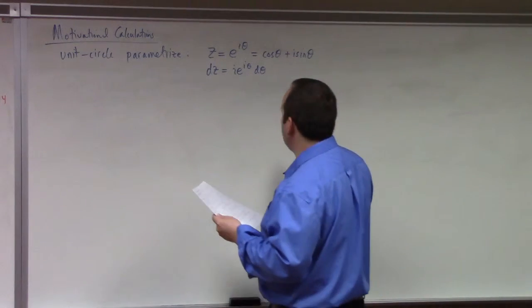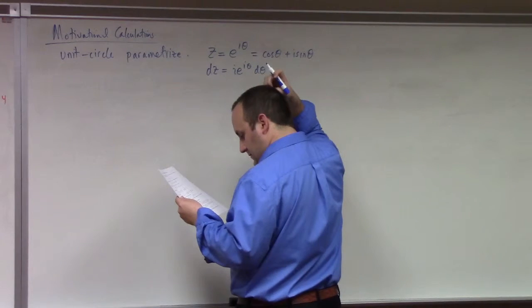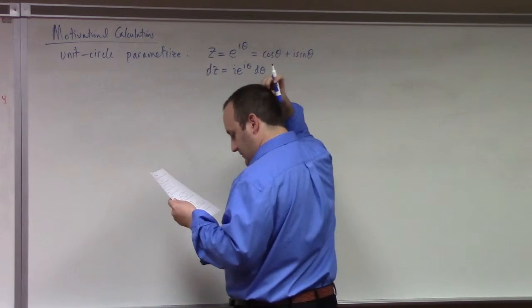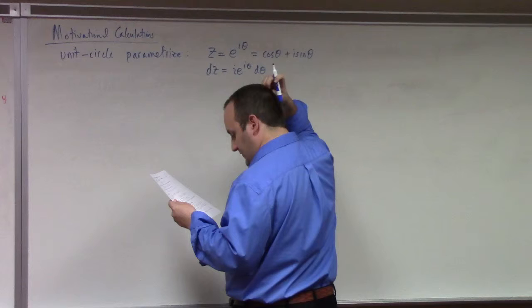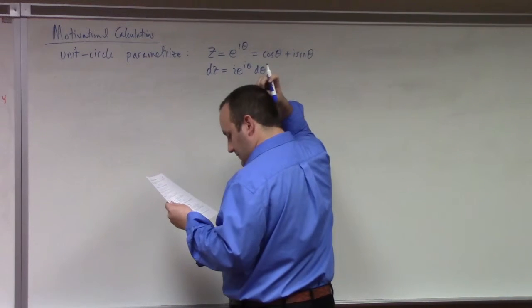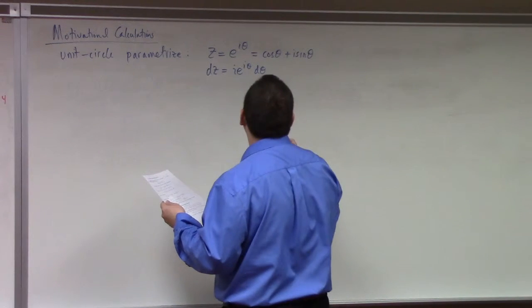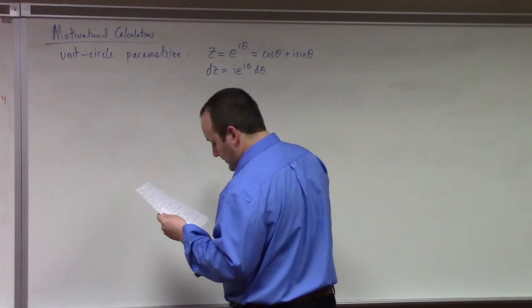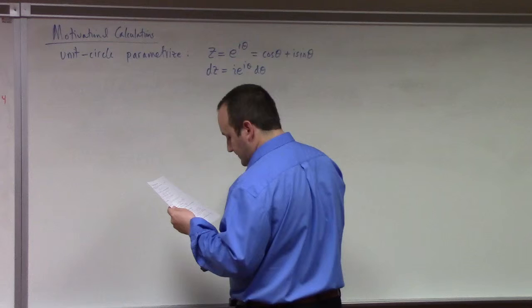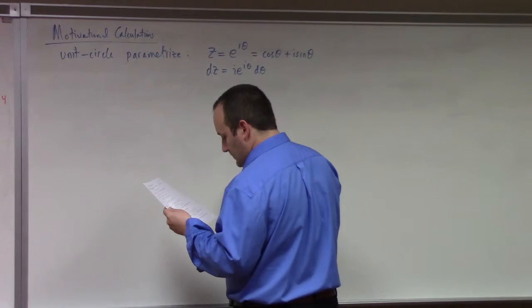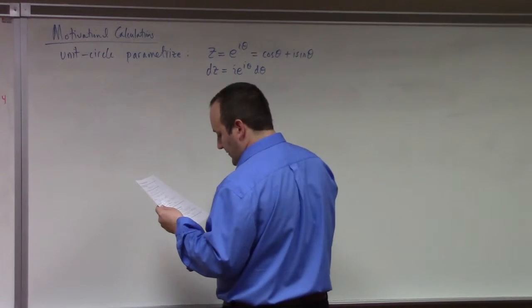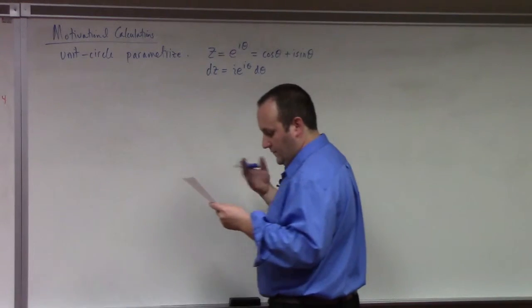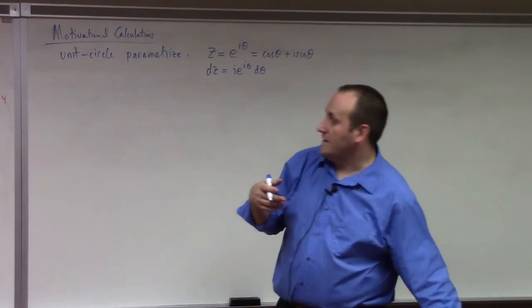And of course, we also, let's see here, what can I say? Well, you know the modulus of z, I mean, you know z bar. How can you solve for cosine theta and sine theta here?